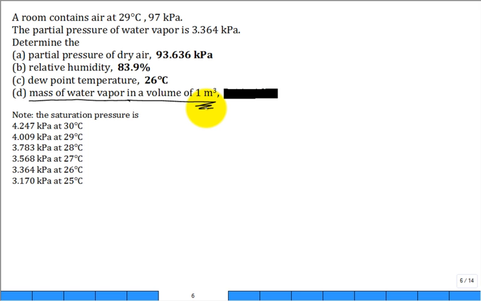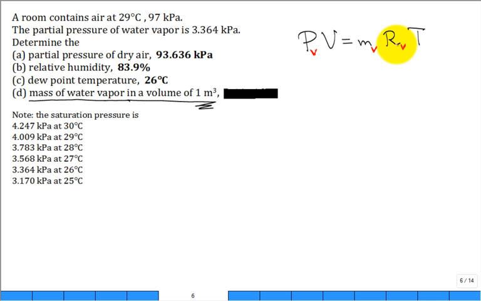So the hint I give is that it always behaves as an ideal gas, and so you can write something like PV is equal to mRT, where we're talking about the partial pressure of the vapor, we're talking about the mass of the vapor, and the gas constant for the vapor.